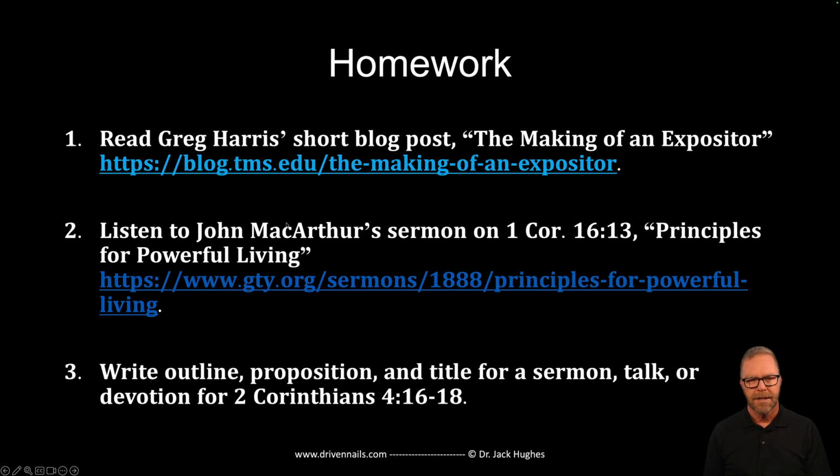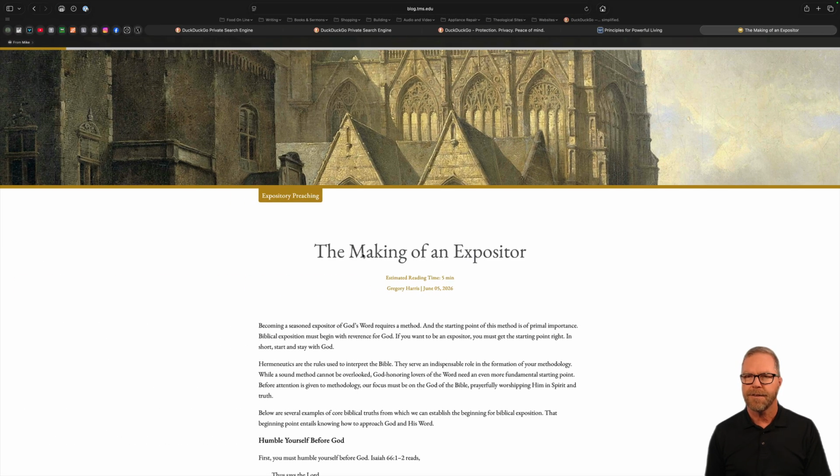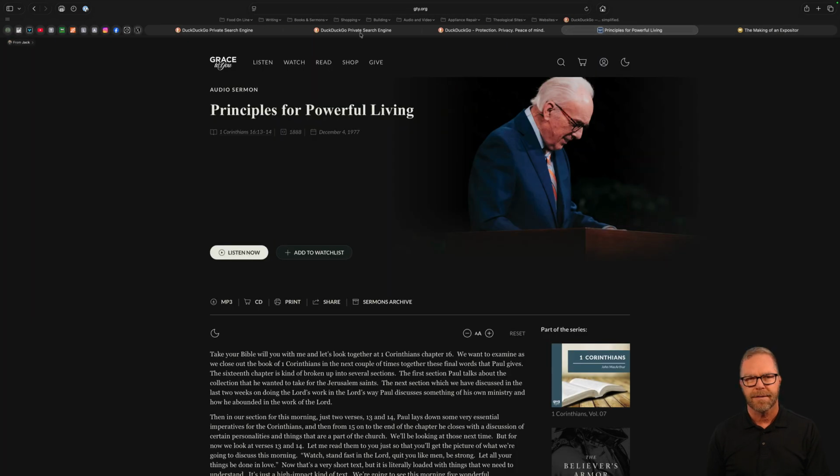Listen to John MacArthur's sermon on 1 Corinthians 16:13, Principles for Powerful Living. There's the link that you can go to. If you go to Grace to You, the website gty.org, you can find this sermon from 1 Corinthians 16, Principles for Powerful Living.